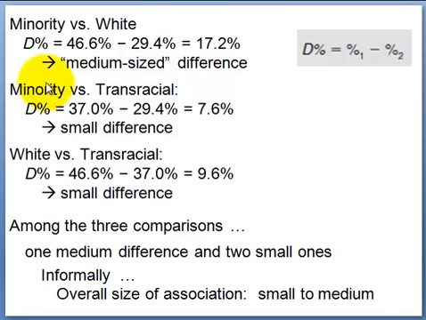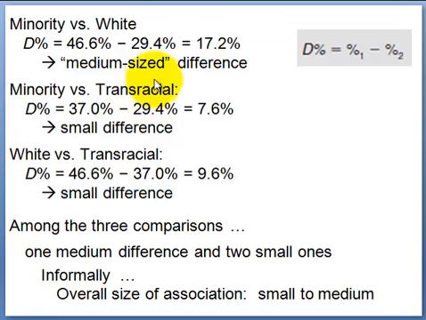So here are the calculations of the difference in percentage for our 3 comparisons. For the minority inracial versus white, we take 46.6 and subtract 29.4, and that's 17%, and I'll go ahead and round here. Minority versus transracial comparison is 37% minus 29, about 8%, and finally the white versus transracial difference in percentage calculates to about 10 percentage points.